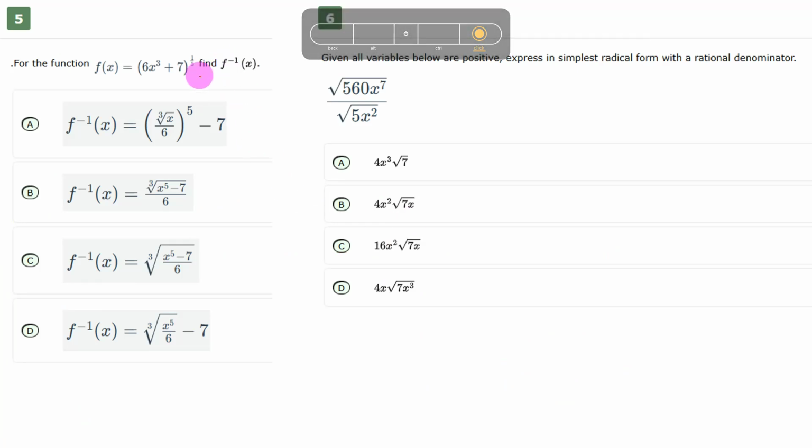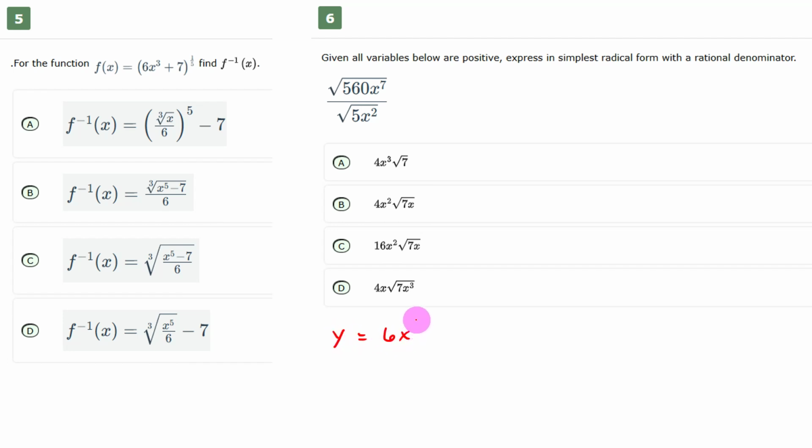Okay, so we're going to find f inverse of this. I'm going to write it down here. It's the quantity 6x cubed plus 7, to the 1/5. We switch x and y.